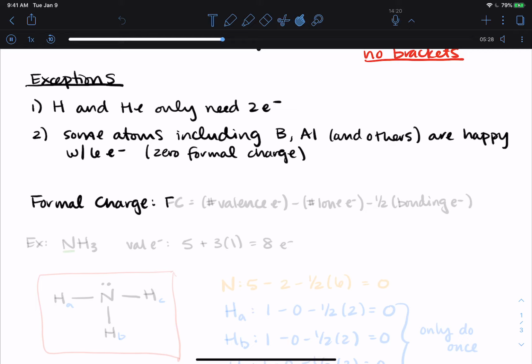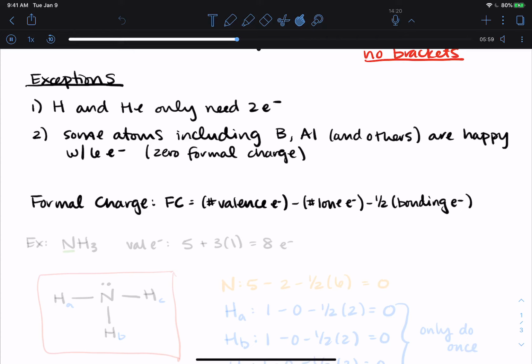So the formal charge is the number of valence electrons minus the number of lone electrons. Notice this says lone electrons, not lone pairs. We're going to count those electrons individually, and then minus 1/2 of the bonding electrons, again counted individually and not as a pair. Okay, those are all my steps.